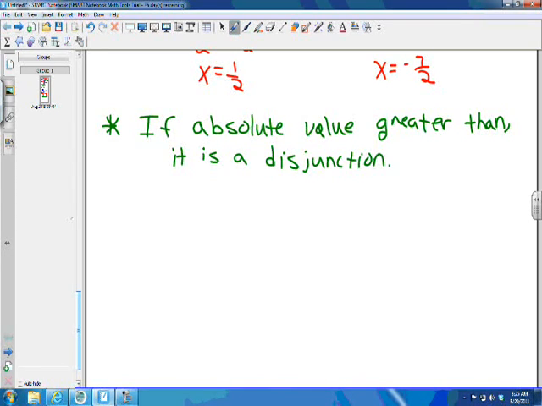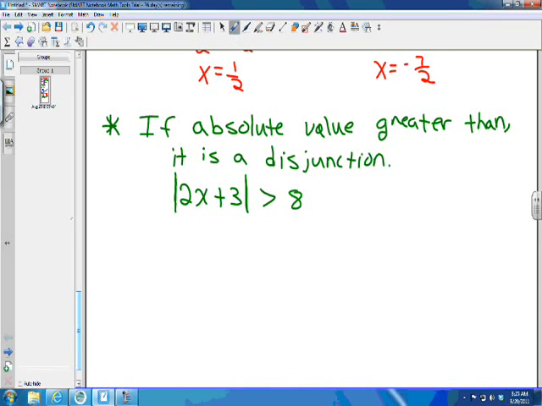What I mean by that is if you have 2x plus 3 greater than 7, so we have absolute value greater than. That's how you know. And you always want the absolute value on the left. So if it's not on the left in your problem, you want to rewrite it that way. You always want the absolute value by itself on the left side, and then this sign tells you whether it's a conjunction or disjunction. Question?